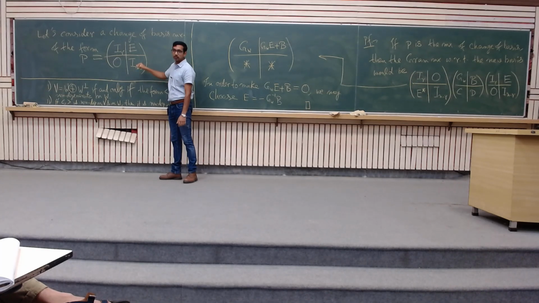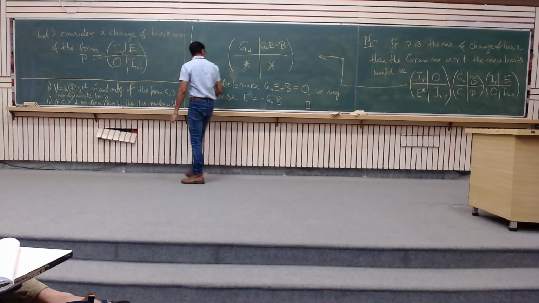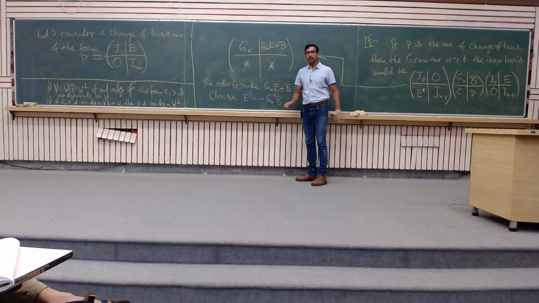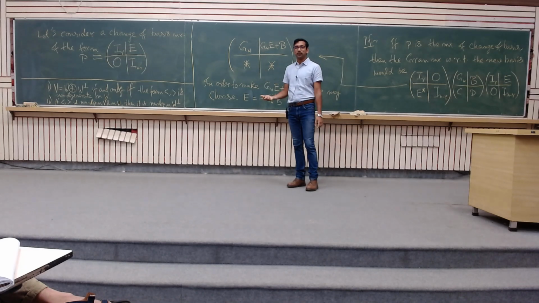It's an upper triangular matrix with all ones on the diagonal. Okay. So now you can actually choose E in this form, because all we require is that the Gram matrix on W is invertible. Okay. And this is so because we know that this is non-singular if and only if the form is non-degenerate on W, and that's given to you. Okay. So that was actually the only hypothesis in the theorem, that the form is non-degenerate on W. Okay.